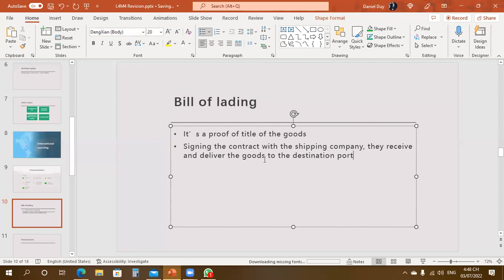And because the bill of lading shows the name of the buyer and the seller, it indicates that they are the rightful owner of the goods. So in many cases, the bill of lading acts as the proof of title. When we have the bill of lading, you can ask the port manager to hand you the goods that are still placed on the port dock.